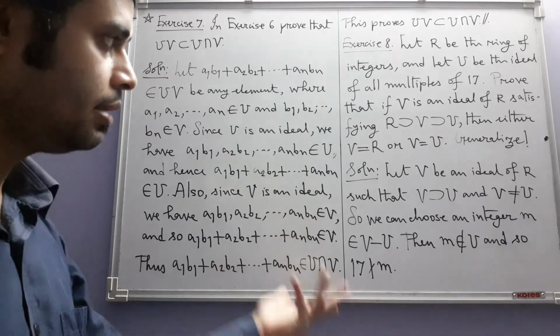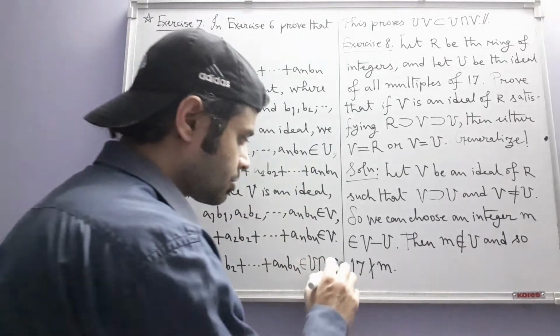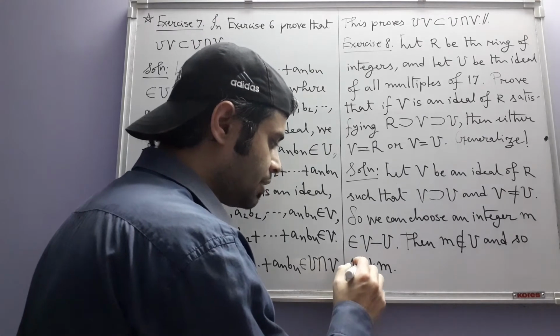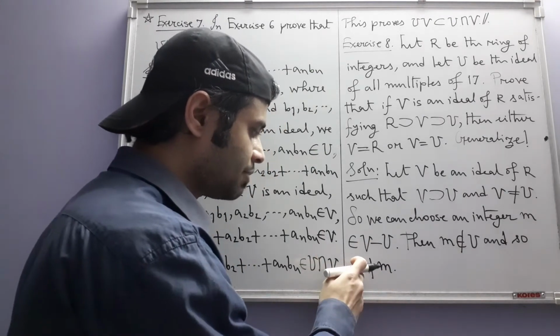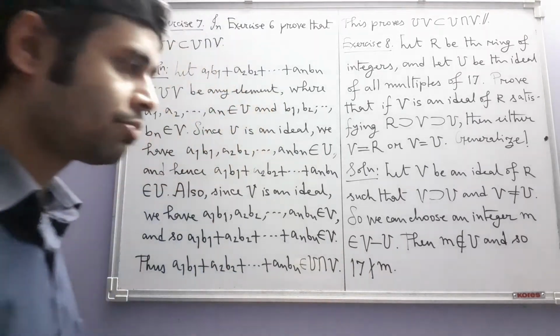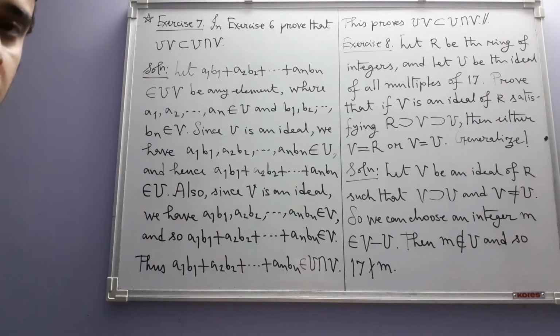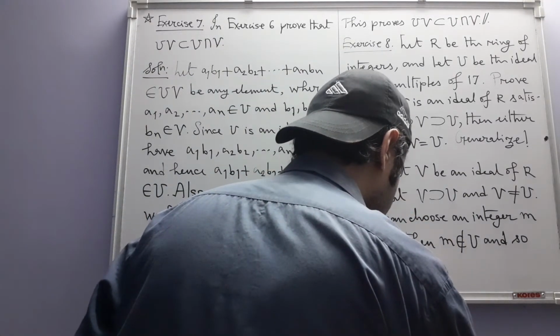In fact, we have seen this when we discussed integers. So now it is given that 17 does not divide m. So since 17 is prime, 17 and m must be relatively prime. They should not have any common factor between them other than 1.